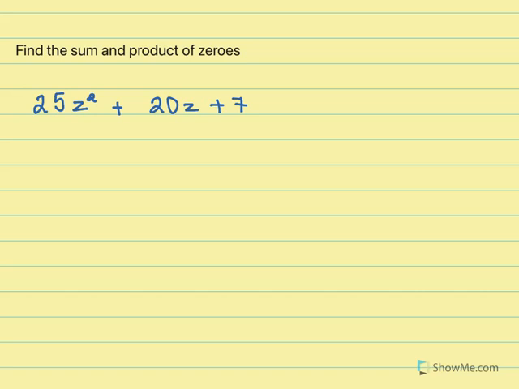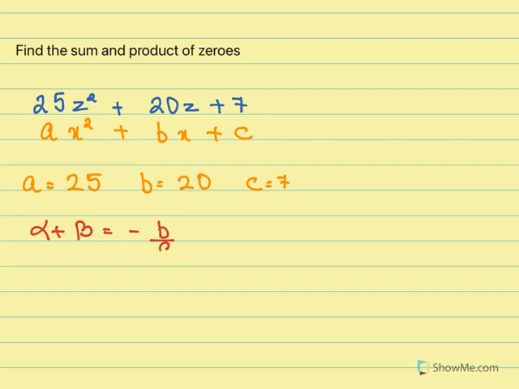Again find the sum and product of the zeros. So when we compare it with standard, we see a equal to 25, b 20, c 7. To find sum of roots, alpha plus beta is minus b by a, and alpha beta product of roots is c by a.